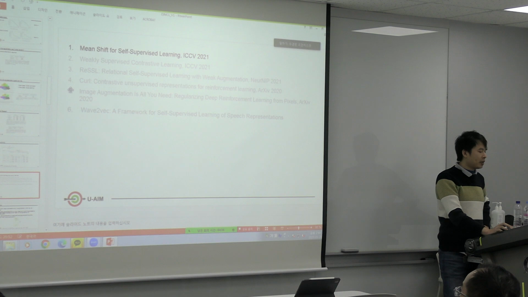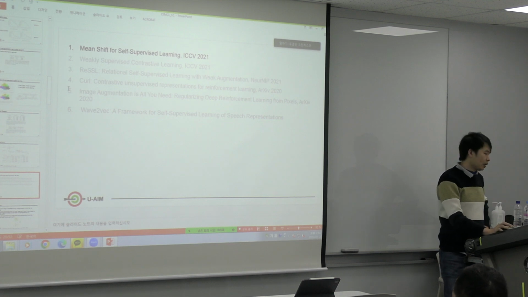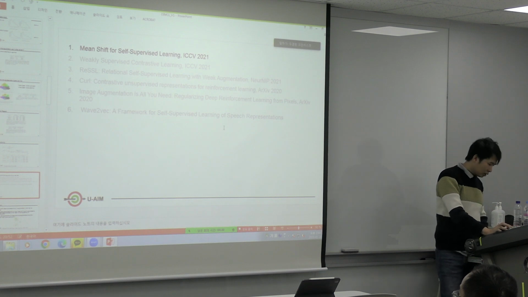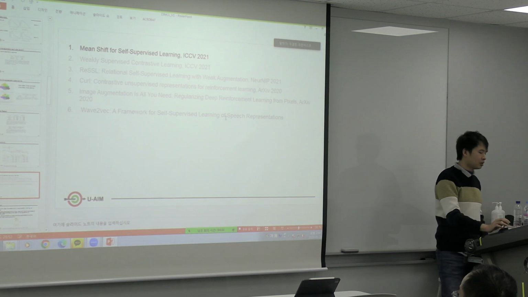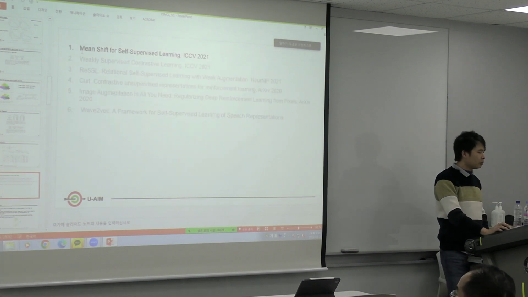The 4th and 5th papers are about representation learning in reinforcement learning, and the 6th paper is about self-supervised learning of speech representation, which applies to speech recognition and machine learning for speech. So let's start with the first paper, which is mean shift for self-supervised learning.